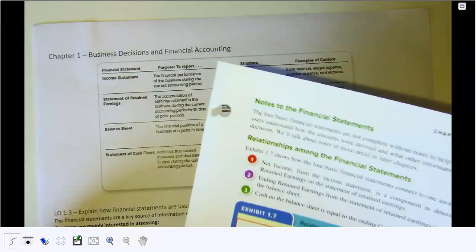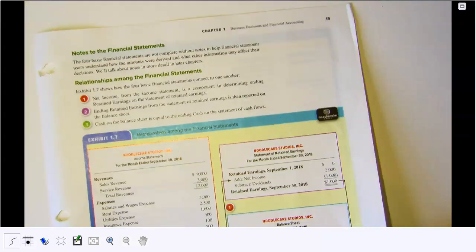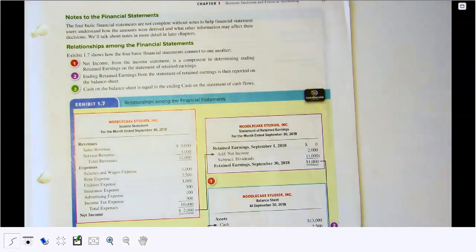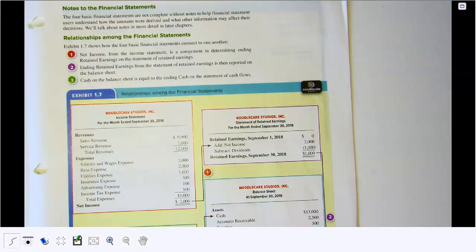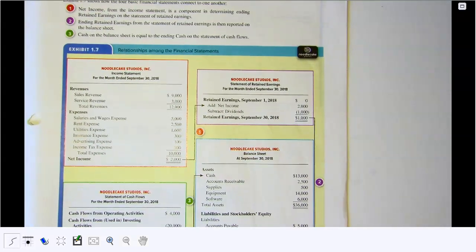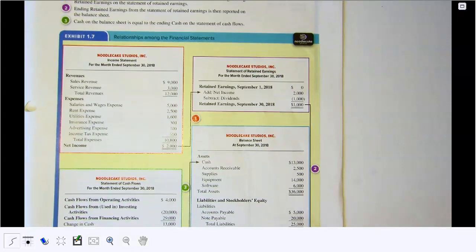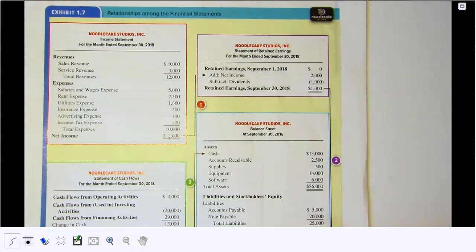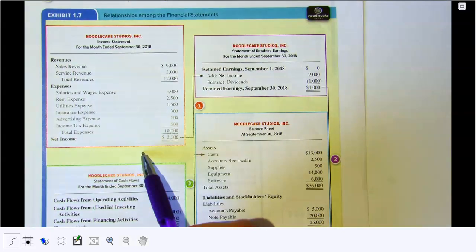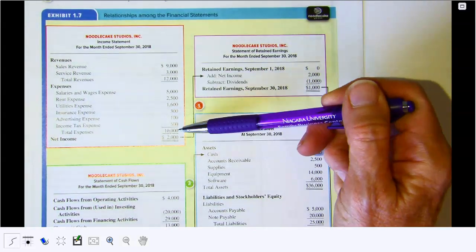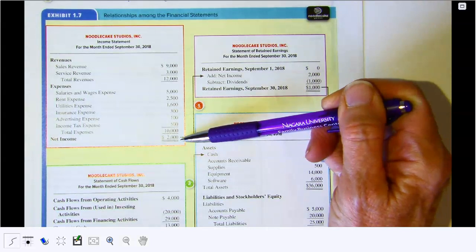One more thing before we go on. This page in the text is also really helpful because it shows us the relationships between the financial statements. I'm going to zoom in a little bit there. Okay, so first we do the income statement. Total revenues minus total expenses gives us our net income.